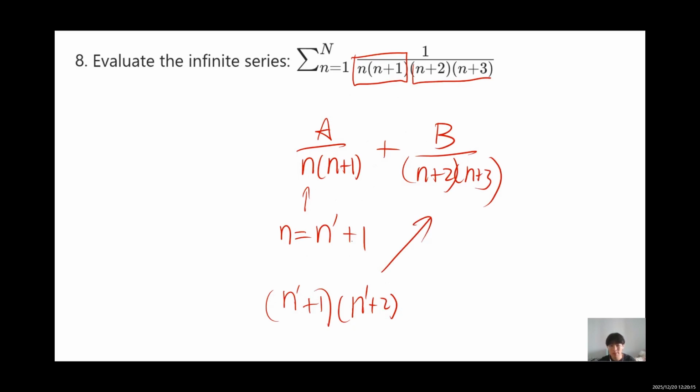Alright, then if we plug in n prime plus 2, we can get plus 2 plus 3. It's just this. It can work.